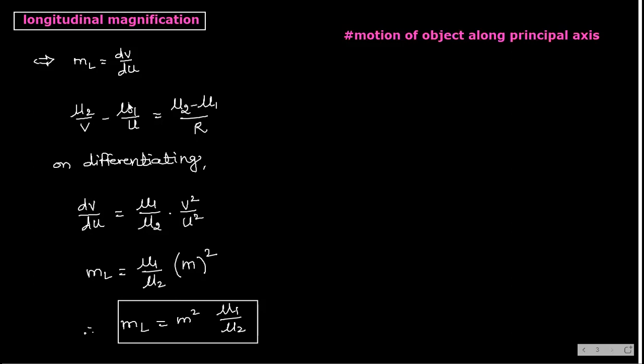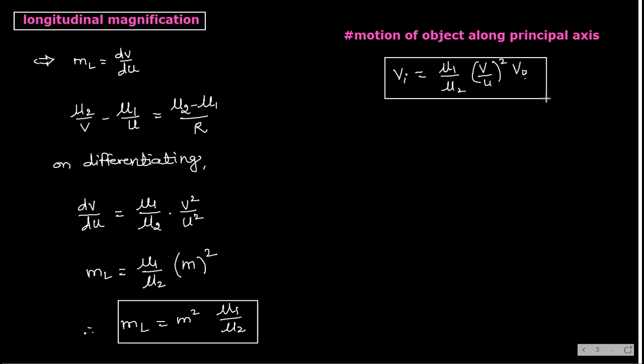So here phi I is equal to mu1 by mu2 into phi by u whole square into phi naught. Phi I is velocity of image, phi o is velocity of object. That I am writing here. Just extra part is coming mu1 by mu2, nothing else, hai na?